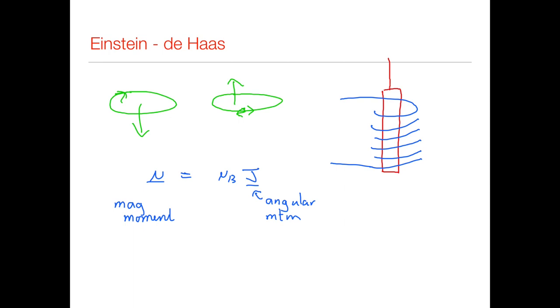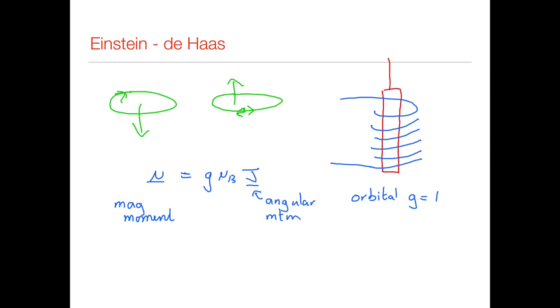But what wasn't known at the time is that we need a G factor in there. And at the time, 1907, Einstein thought that the magnetism in his iron sample was due to electrons going round in orbits. And if it's orbital angular momentum, G is equal to 1.